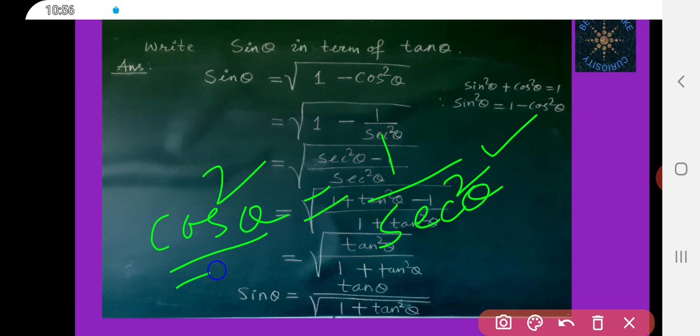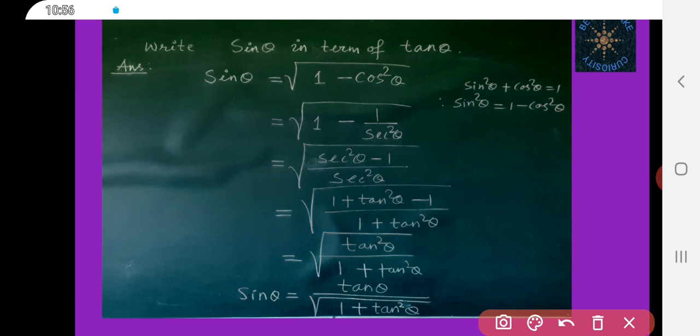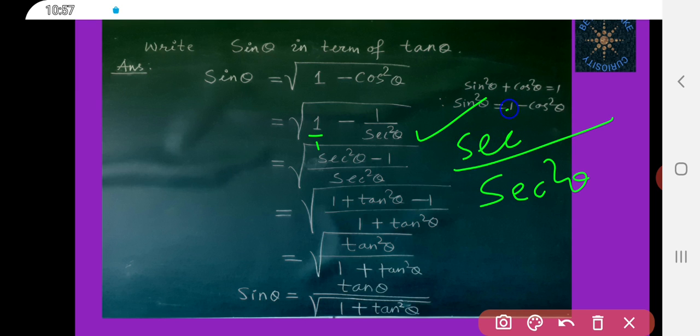In the place of cos square theta, you can write 1 by sec square theta. Okay, now you take the LCM. If you take sec square theta, then you multiply 1 by sec square theta, and you get the square root of (sec square theta minus 1) by sec square theta.